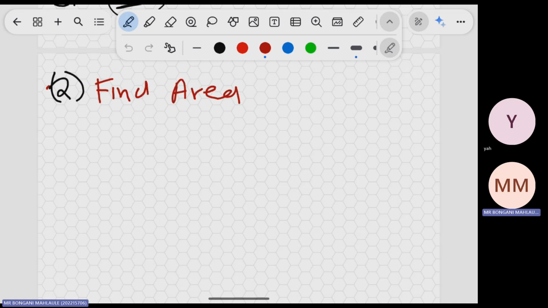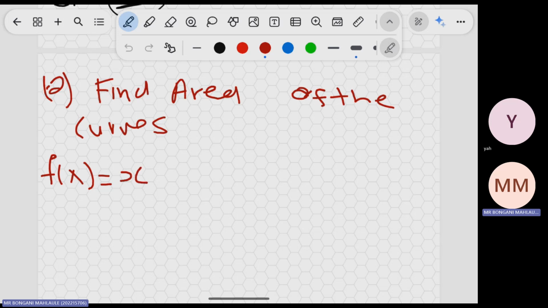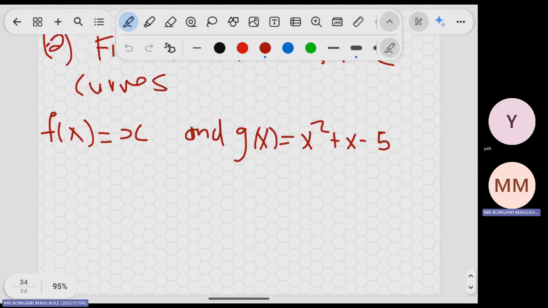We'll be sending this in the group. The two curves: I'll name the first one f of x, and the second function g of x. So go and find the area.